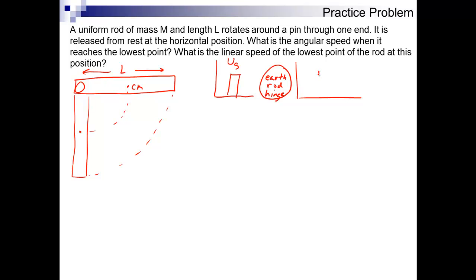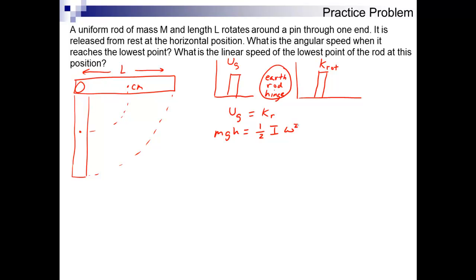At the end, all this gravitational potential energy is being turned into kinetic energy, but of the rotational kind. So essentially the gravitational potential energy is turning into rotational kinetic energy. So that's mgh is equal to 1/2 I omega squared.